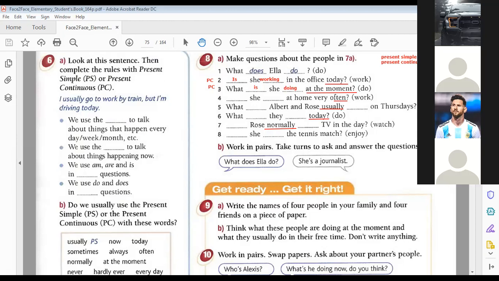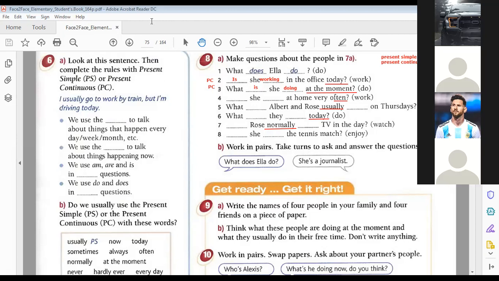What's she doing? I'm doing nothing. Not you, her. I'm playing football. Not you. Kilani, we're talking about Ella. What is Ella doing? She's studying now. Is she studying?